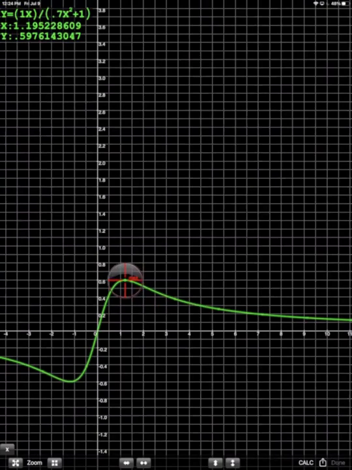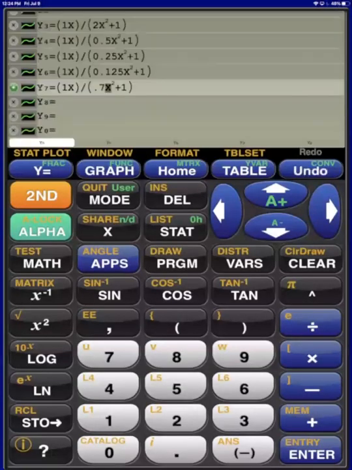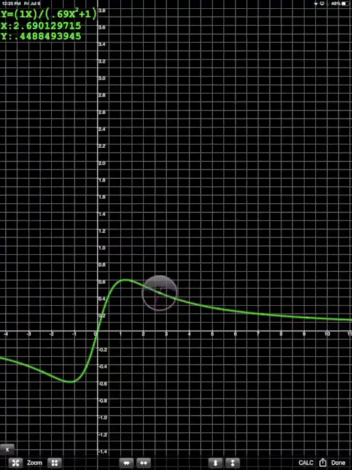How about if we just make a little bit more adjustment? And let's see where we are. 1.20. Okay, so that looks good. So we sufficiently moved to the right on the horizontal axis.